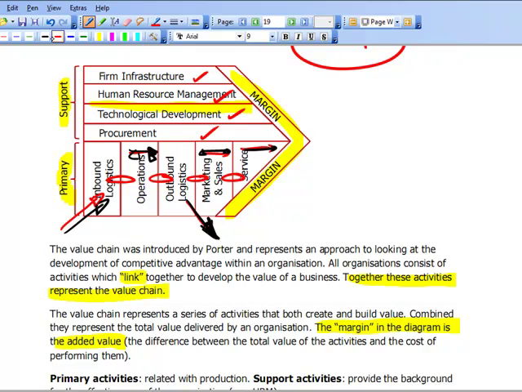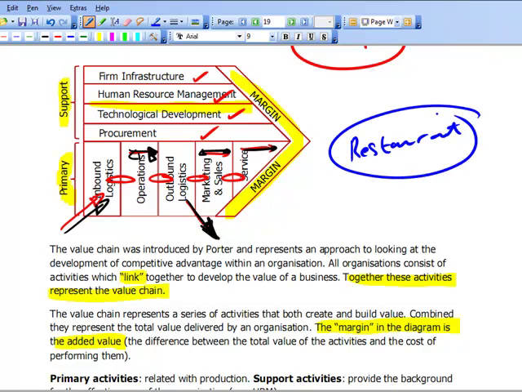To wrap up today's lecture, let's talk about a restaurant. What parts of the primary activities would apply? Inbound logistics is getting the raw materials: the vegetables, the meat, the items they are going to prepare.